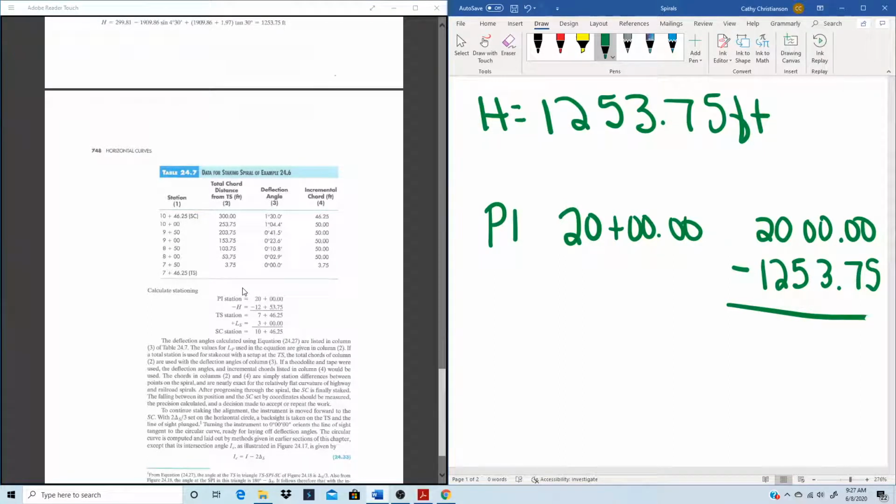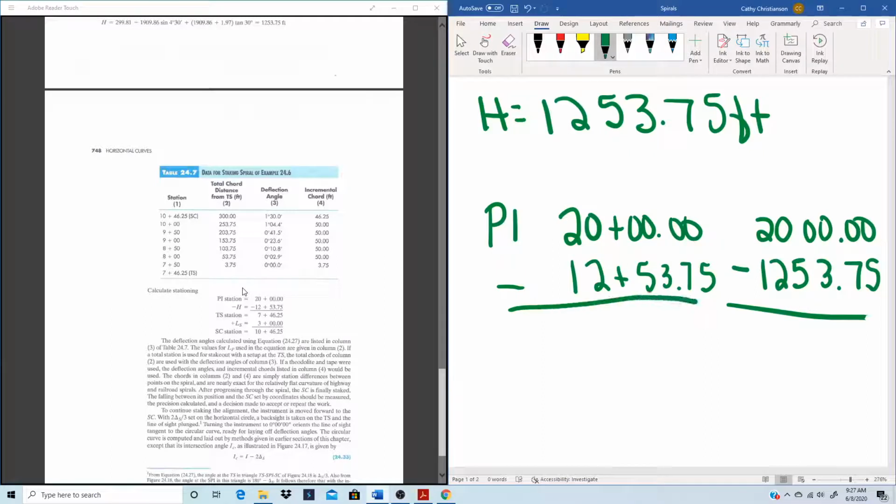Or the way they did it is they said minus, they put the 1200 in stations. So remember, when you do stations in feet, it's always going to be from your decimal point 1, 2 over, and that'll be where the plus is. If it's metric, it's 3 over, but for English units, it's just going to be 2 over.